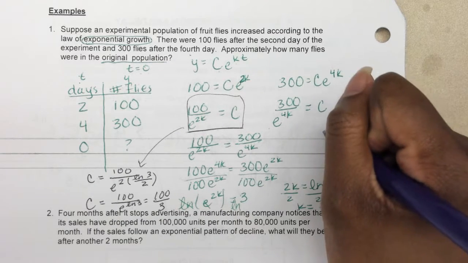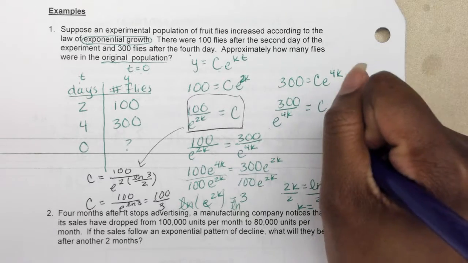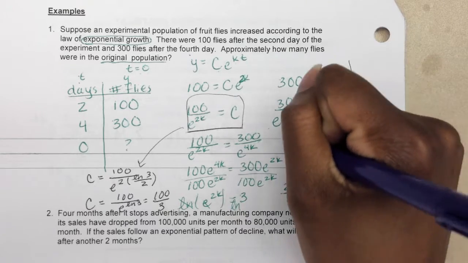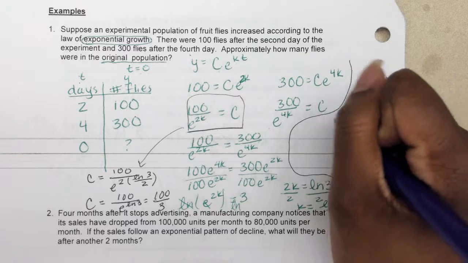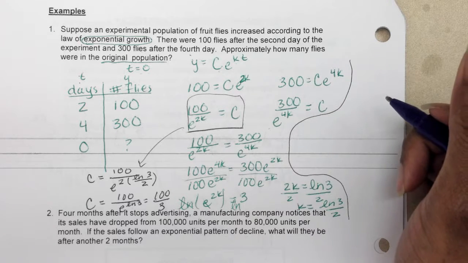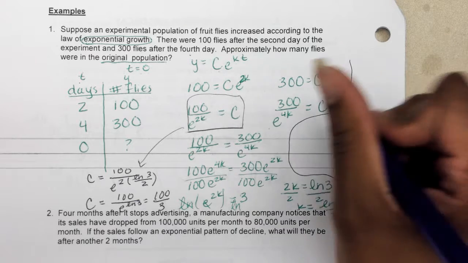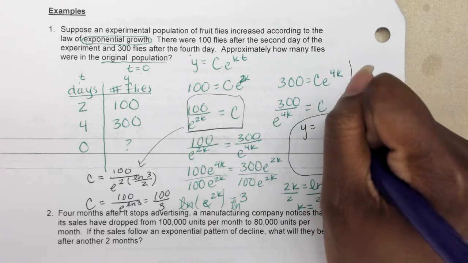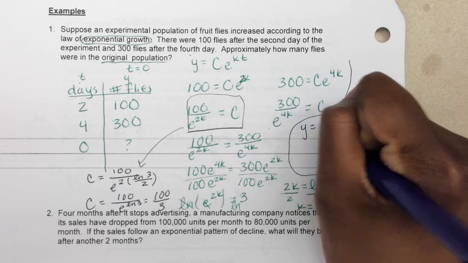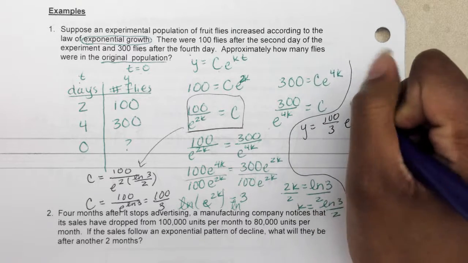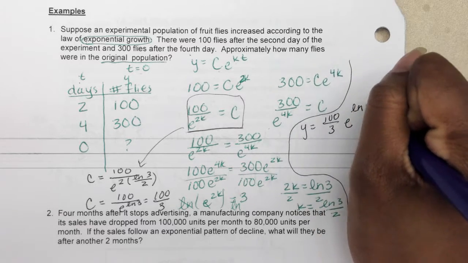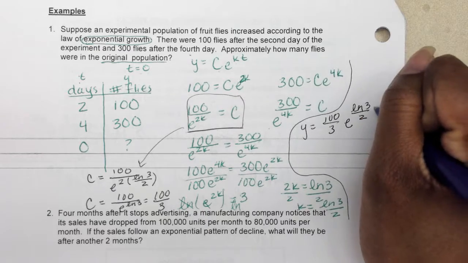So our particular solution is that y equals 100 over 3 e to the ln of 3 over 2 t.